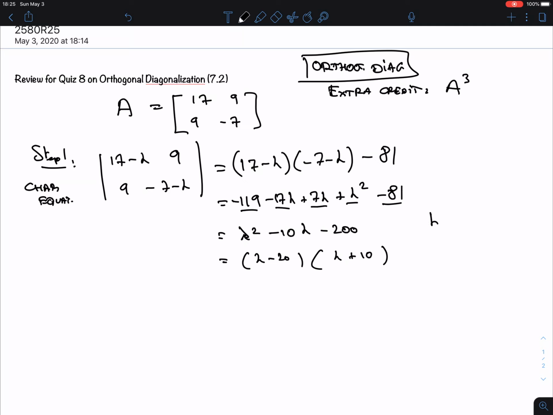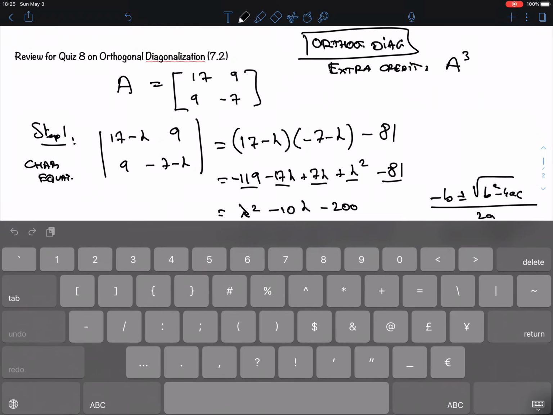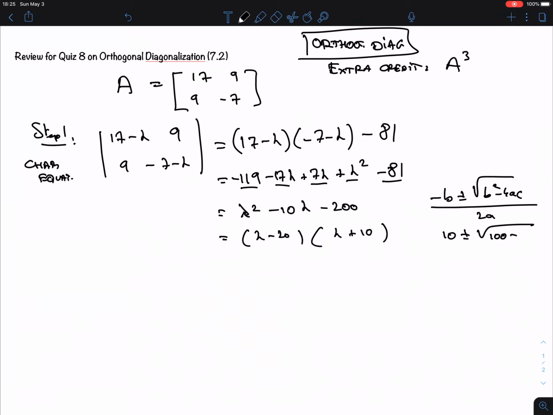So I remind you the quadratic formula is minus b plus minus the square root of b squared minus 4ac, divided by 2a. In this case, this would be 10 plus minus the square root of 100 minus 4ac, that is plus 800, minus 4 times minus 200, divided by 2.